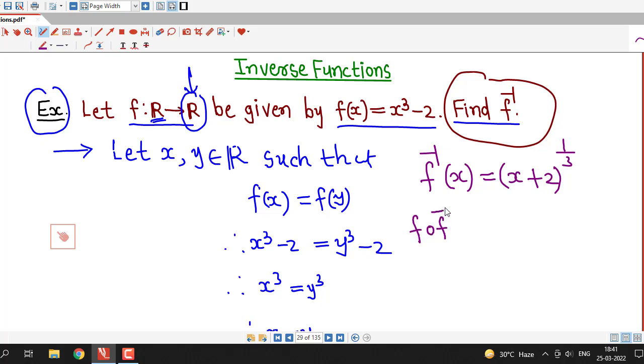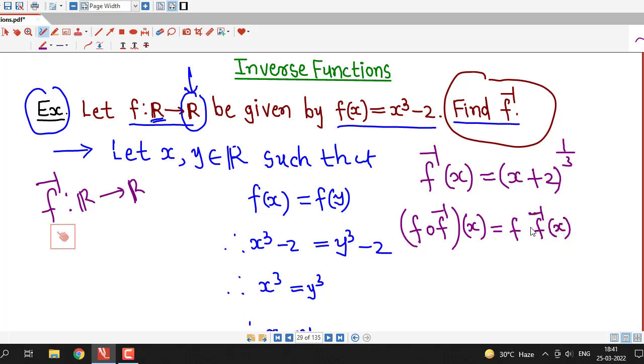Because the domain and codomain of both functions are the same, f composite f inverse as well as f inverse composite f will exist. f composite f inverse at point x is given by f of f inverse x by the definition of composition.